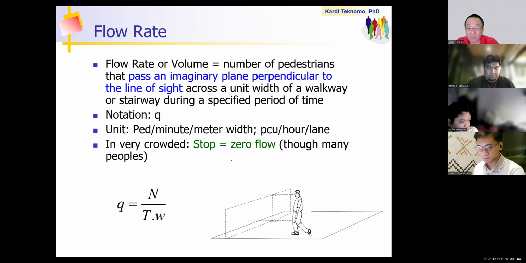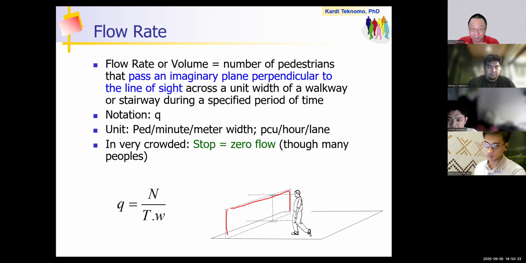Okay. So what is flow rate? I use this pedestrian, but you can use the same for car. So flow rate or volume is the number of pedestrians or vehicles that pass an imaginary plane like this one, perpendicular to the line of sight.